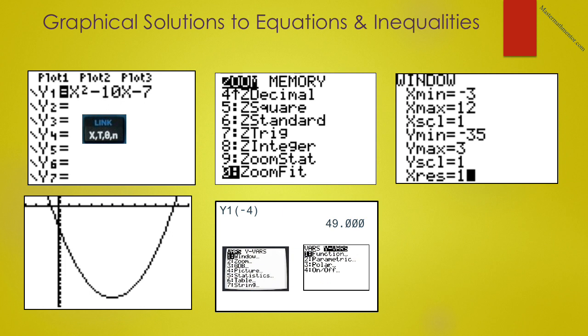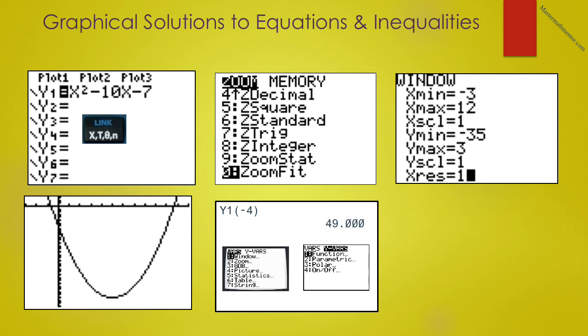Frequently, we would like to evaluate an expression at some value. For instance, we might want to find the value of x squared minus 10x minus 7 at x equals negative 4. To do this, once we have y1 as our function, we will use y1 parentheses negative 4, and we get 49.